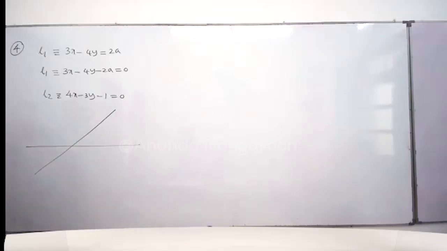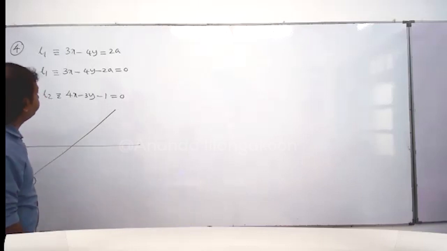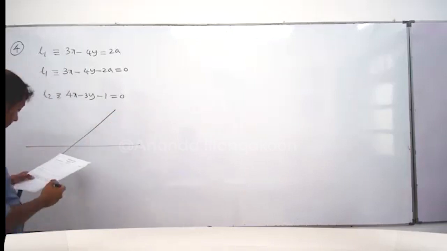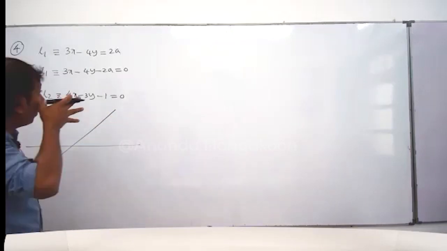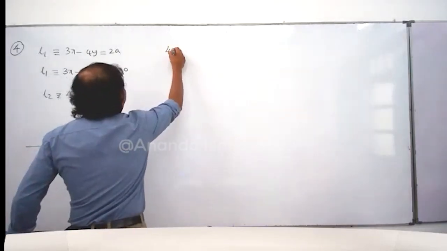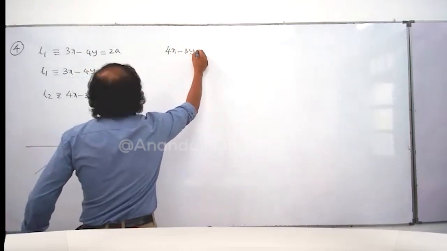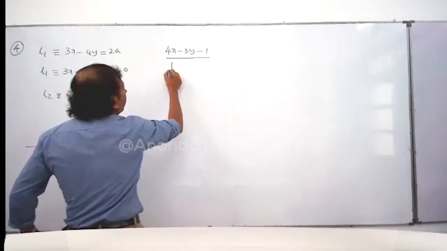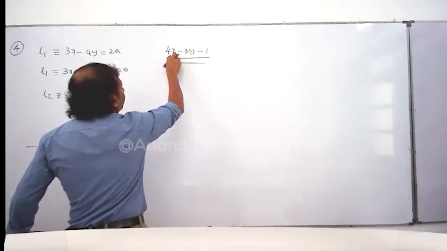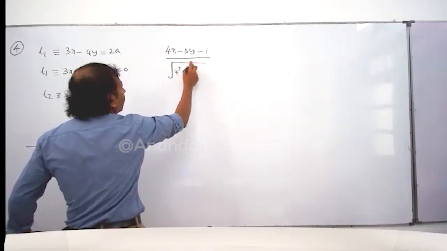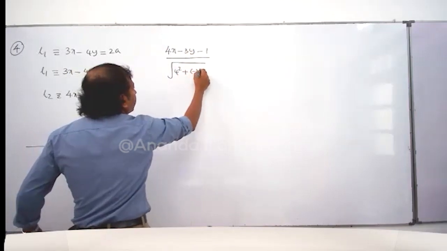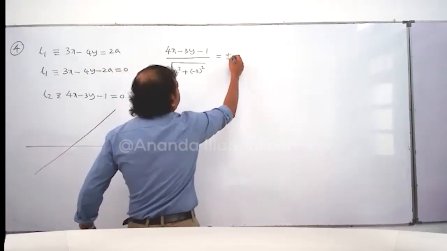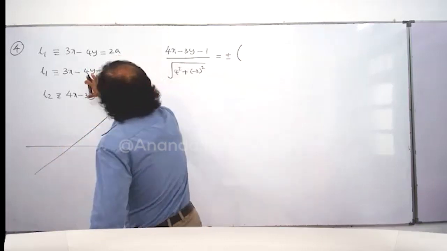Right. What is the equation, people? How to take? Right. We take one line like this and divide that by the square root of x coefficient squared plus y coefficient squared. Then equal plus or minus, take other line, this one.